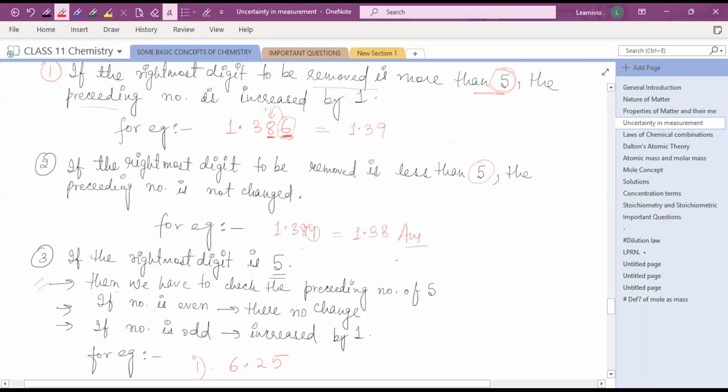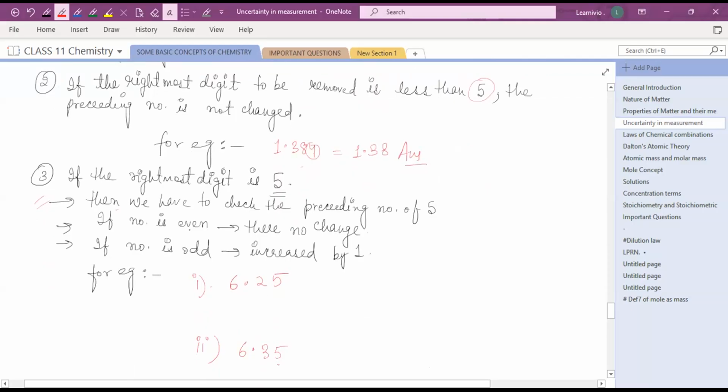That's your final answer. Third rule is that if the rightmost digit is exact 5, right, not more than or less than 5, then we have to check the preceding number of 5, which is before 5, right?